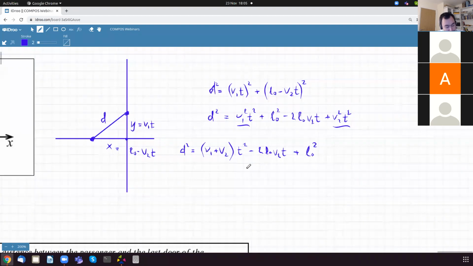No, apologies, it's going to be v1 squared plus v2 squared. Oh, that makes some changes.